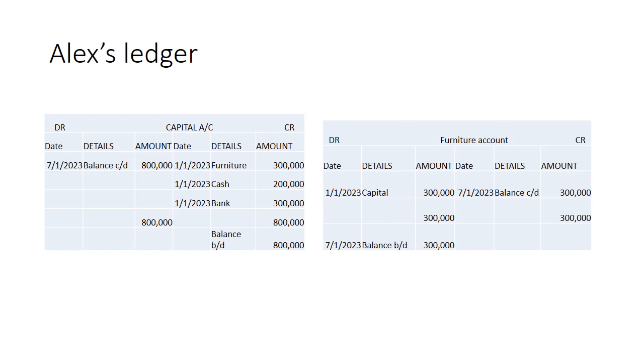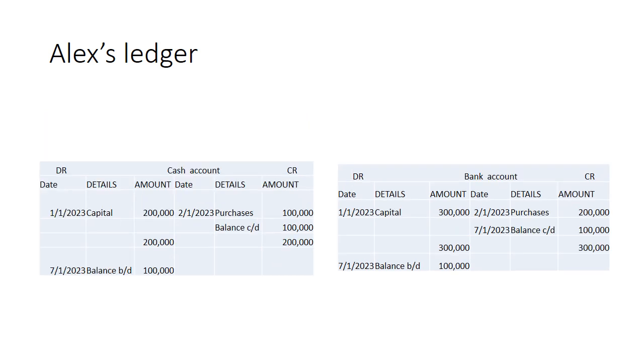If we take a balance, the difference will be our balance, 800,000. We will do so in the furniture account. From capital, we debit the furniture account, and this signifies an increase of furniture by 300,000. At the end of the week it will remain 300,000, and this will be taken as a balance carried down.